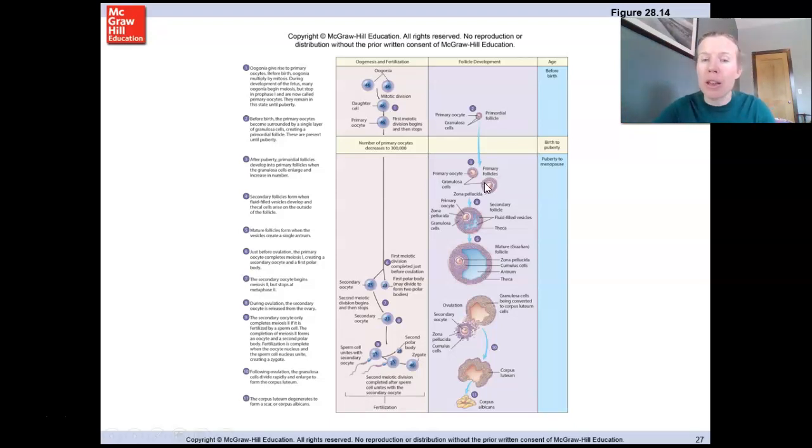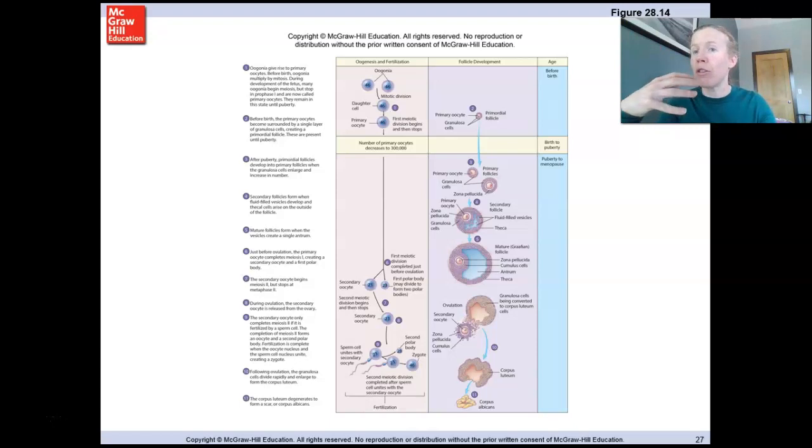Okay, so then this primary follicle becomes a secondary follicle. Really only a few of that batch that have risen up and are developing are going to make it to secondary follicle status, because we don't want to grow a ton of them and then waste them all.